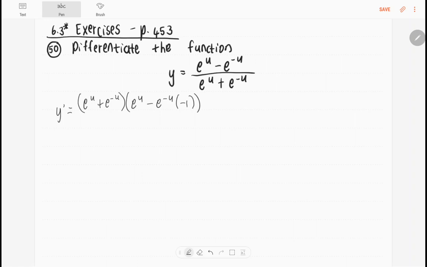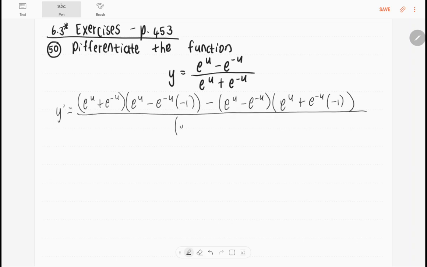Then we have minus the top multiplied by the derivative of the bottom, which is e to the u plus e to the minus u multiplied by minus 1, all over the bottom squared.